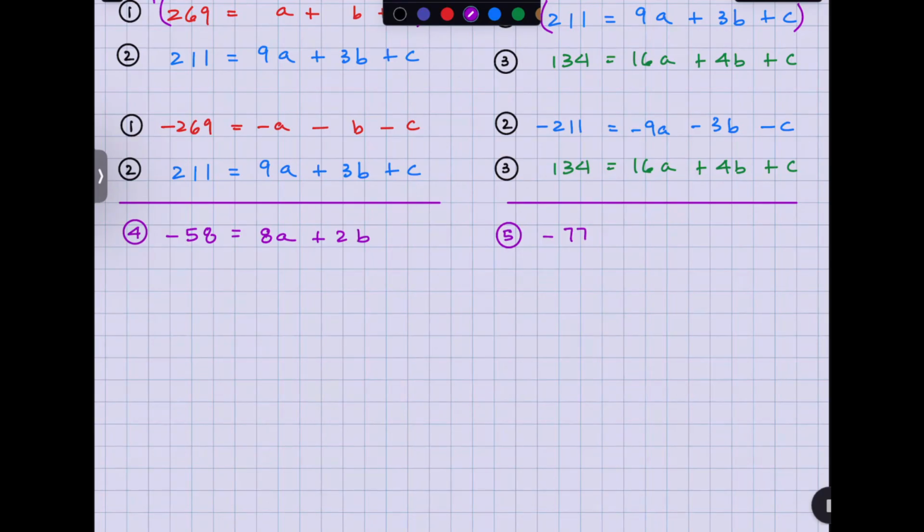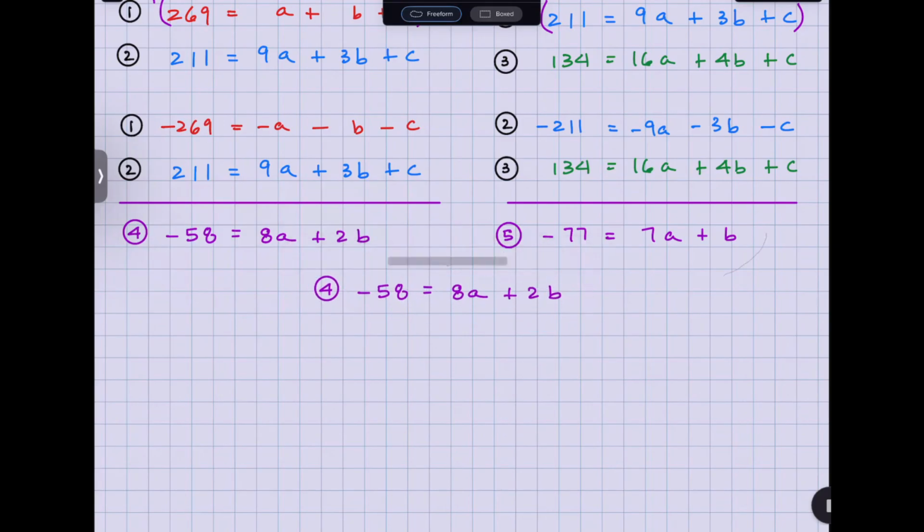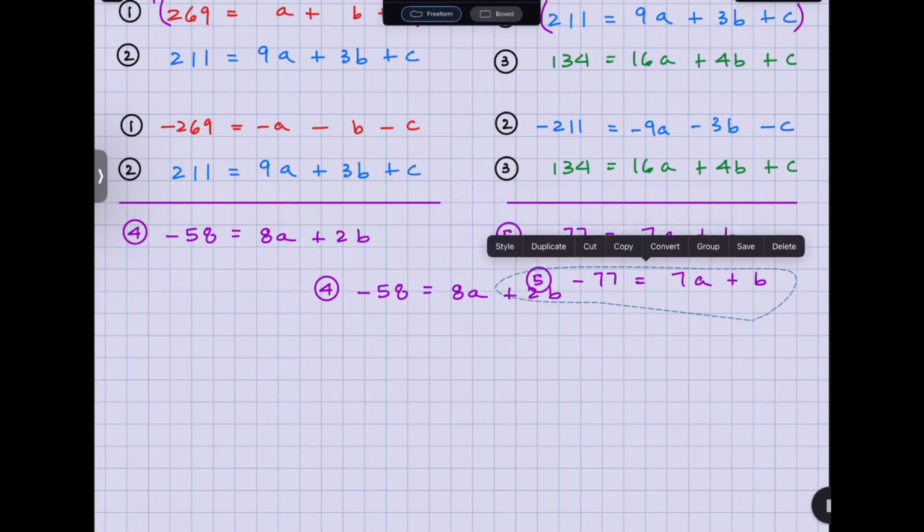Yeah. Is equal to, what is this, 7a plus b. So now, as you guys can see, I have 2 equations, 2 unknowns.